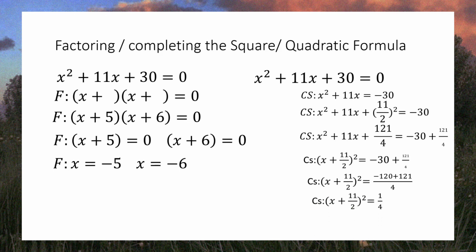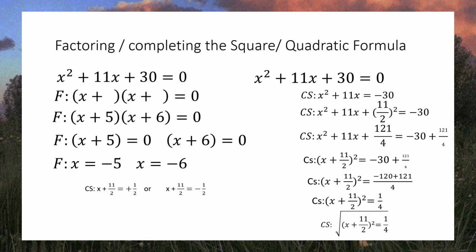Now, pwede na tayo mag-extract ng root. So when we find the square root of x plus 11 over 2 squared, the answer is x plus 11 over 2. And for the square root of 1/4, siya ay 1/2 and negative 1/2.